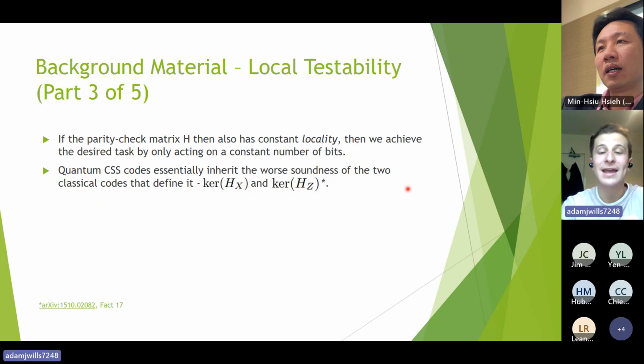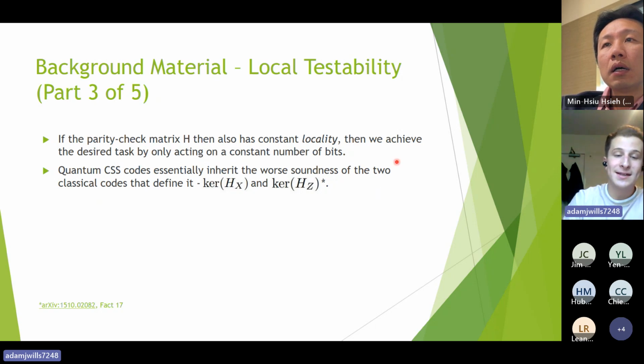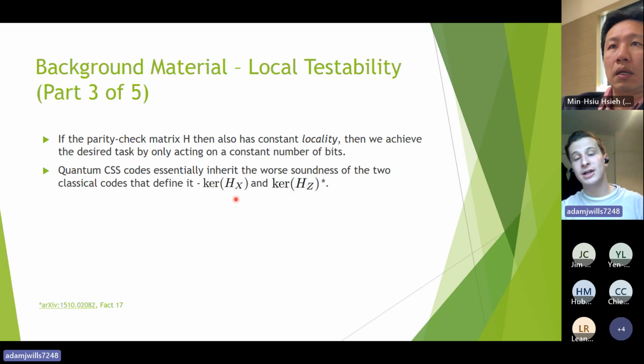But we can just say for simplicity, and this is going to be avoiding some details and some constant factors, but it's going to get the point across, that in the case of CSS codes, you take the soundness of the two classical codes that define it, so the one defined by the parity check matrix HX and the one defined by the parity check matrix HZ, and whichever of those has the worst soundness, then again, up to constant factors, that will be the soundness of our quantum CSS code.